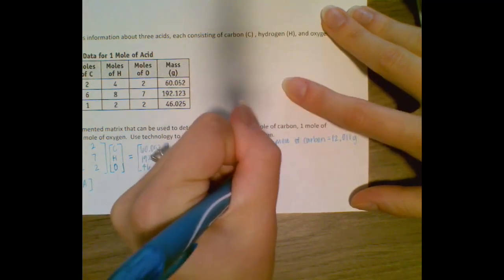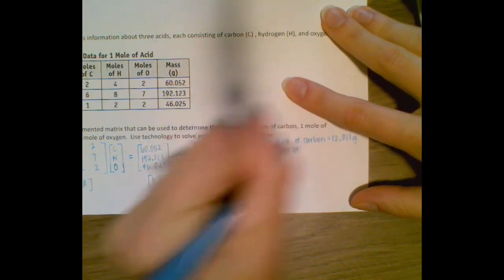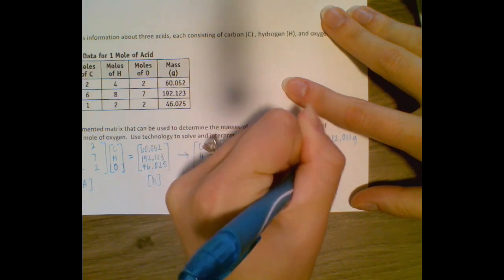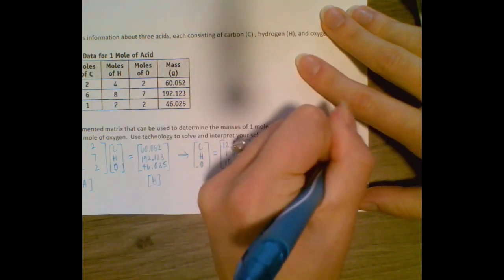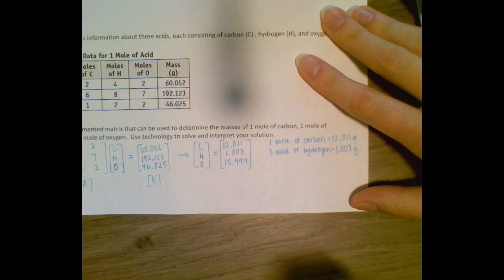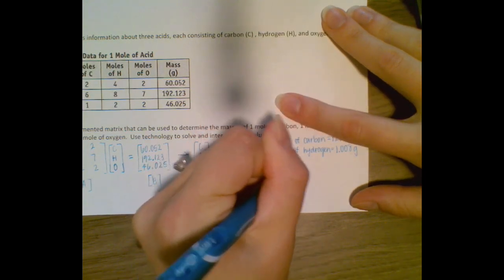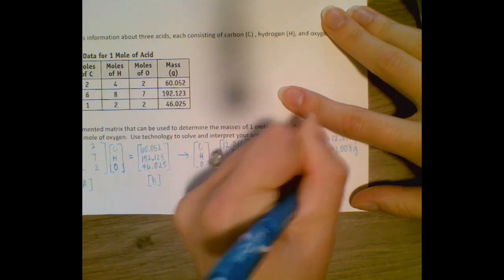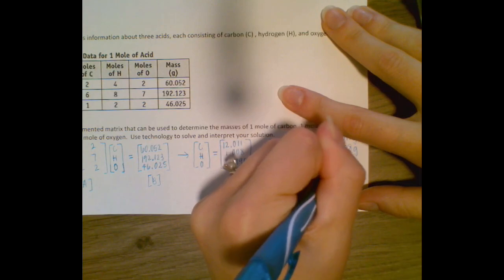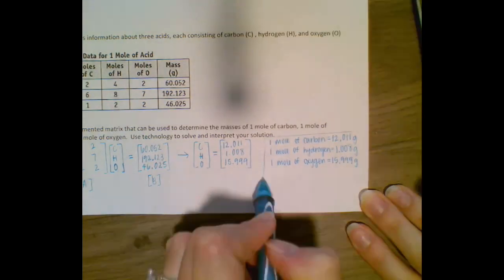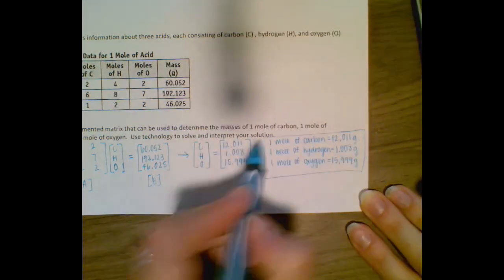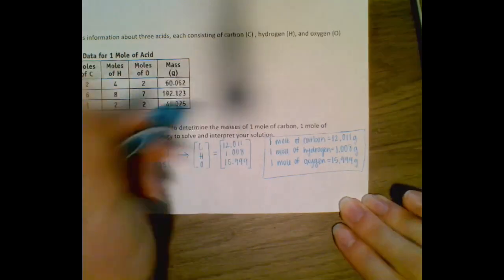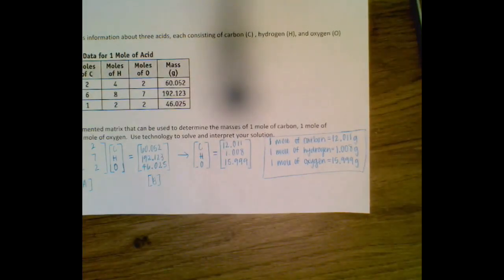Okay. 1 mole of hydrogen, we got to be 1.008 grams. And 1 mole of oxygen was 15.999 grams. So there's kind of like our final answer. Okay, anytime we do an application problem, it's nice to write out exactly your findings. All right, that's it.